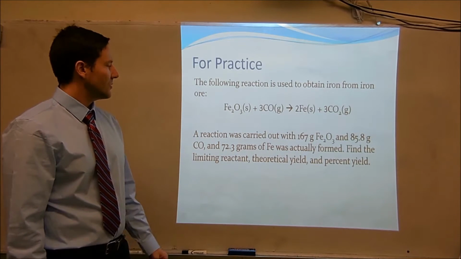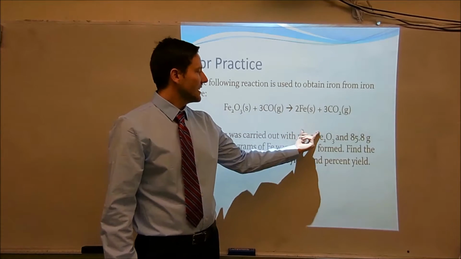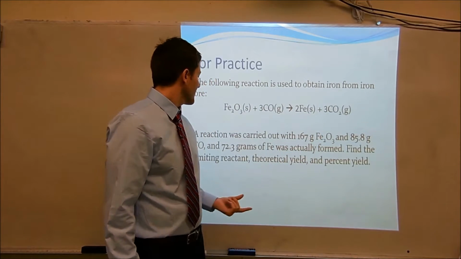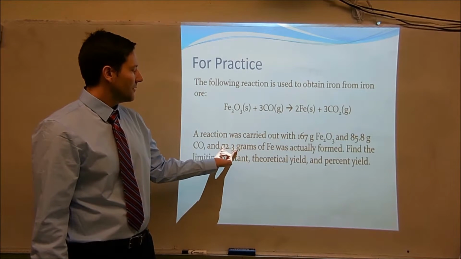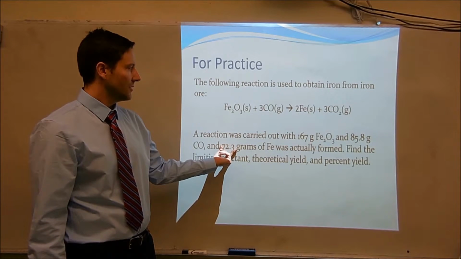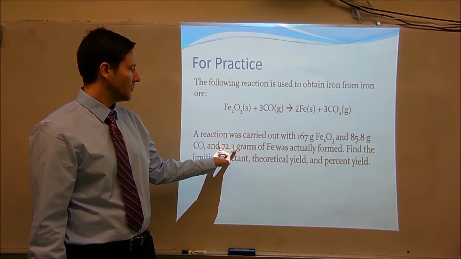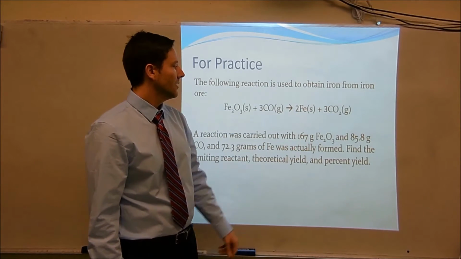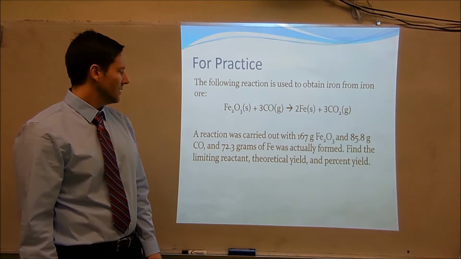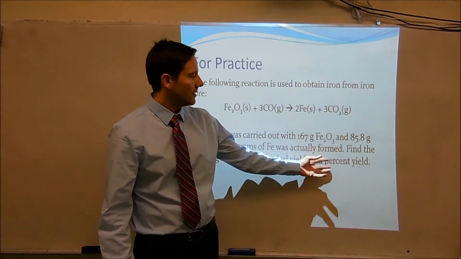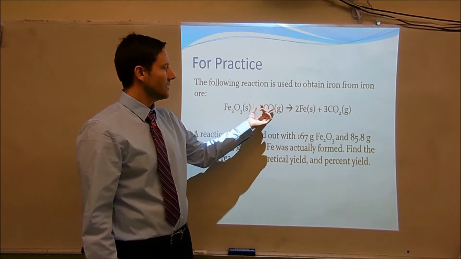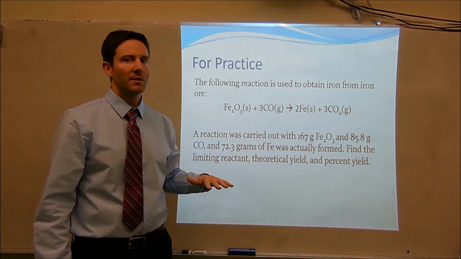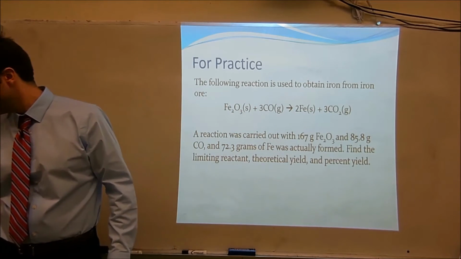It says a reaction was carried out with a given amount of iron(III) oxide, a given amount of carbon monoxide, and you have an actual yield in the question. 72.3 grams of solid iron was actually formed. Find the limiting reactant, theoretical yield, and percent yield. So we have to find which one of these reactants runs out first, which one limits the production of iron.